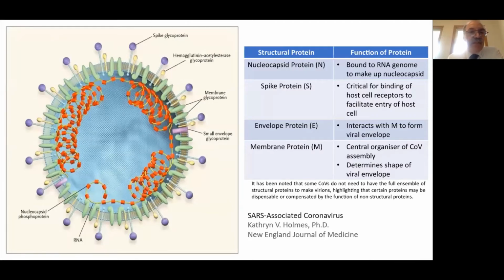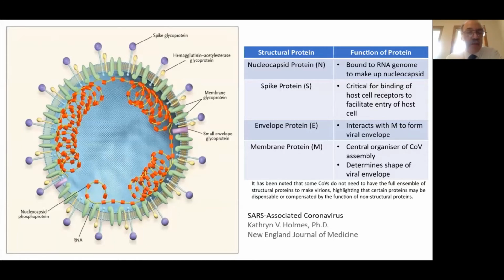Okay, this is a typical cartoon of the virus that we're dealing with right now. It has an RNA genome, a ribonucleic acid genome, which in this cartoon is this long string that has balls of protein closely associated with it, called nucleocapsid proteins. That protects the RNA within the virion structure.